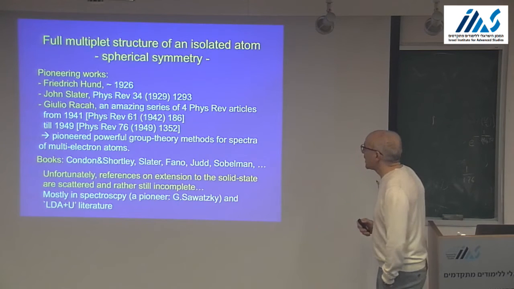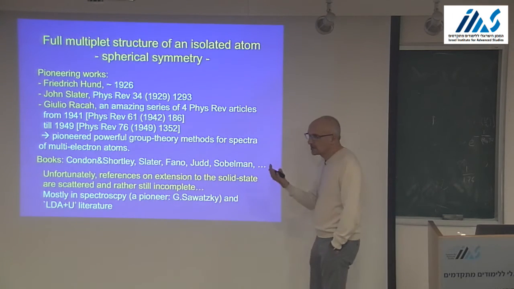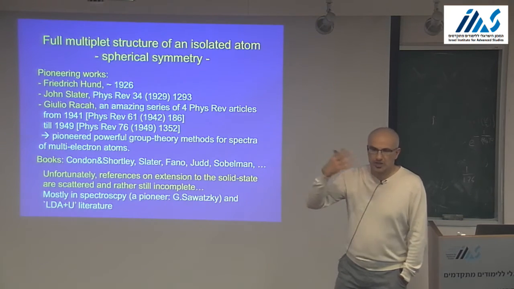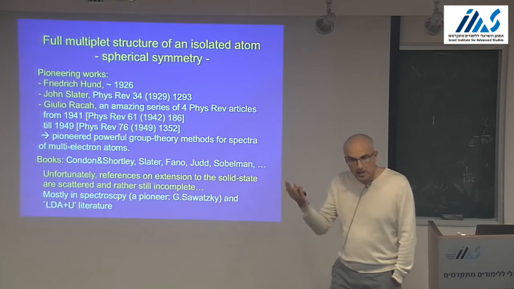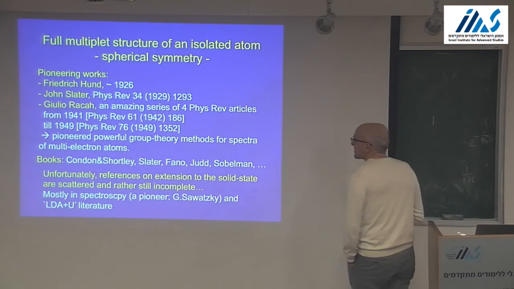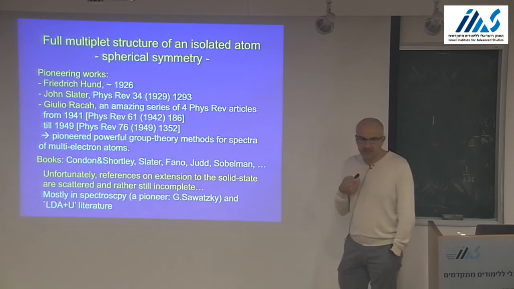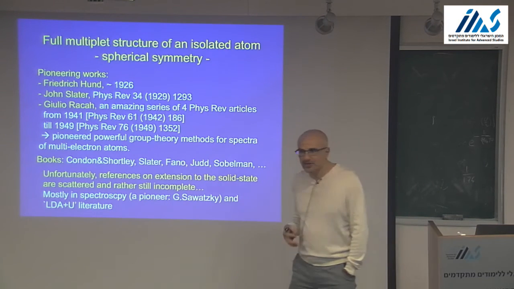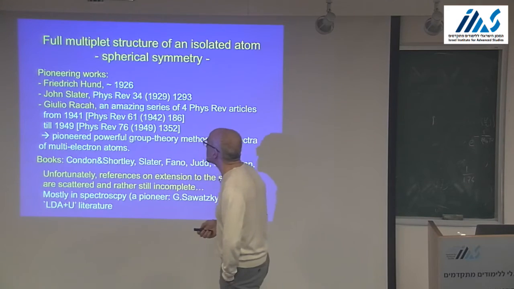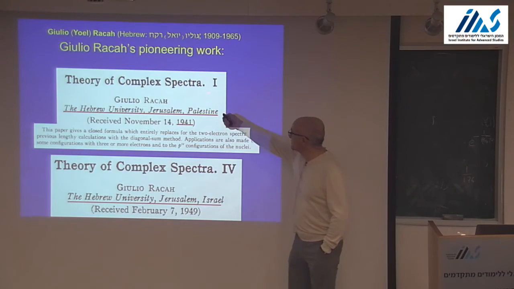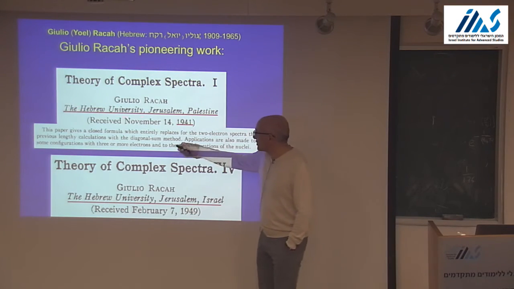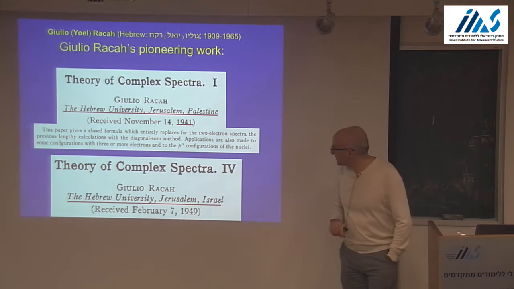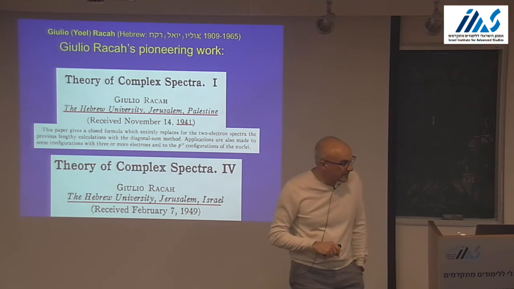Giulio Racah actually has classified, in the case of spherical symmetry, all the multiplet structure of many-body atoms using group theory methods. And he started that in 1941 when he emigrated to Israel, fleeing the anti-Jewish measures in Italy. He's an Italian Jew. And he started his first paper at the Hebrew University of Jerusalem, Palestine. You see, received November 14, 1941.